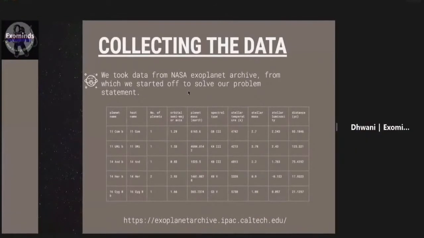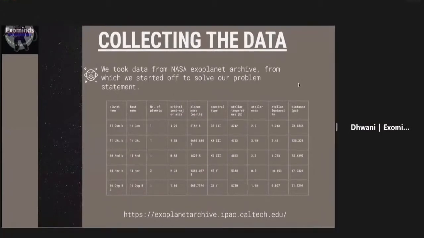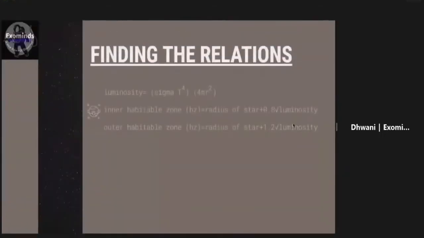The data from the NASA Exoplanet Archive, after importing to Excel, was imported in Python, where data cleaning was performed. The formulas were now going to be coded in Python. We went through many formulas, but we used the ones which gave us the most suitable results. For luminosity, we used the equation of luminosity of a black body.